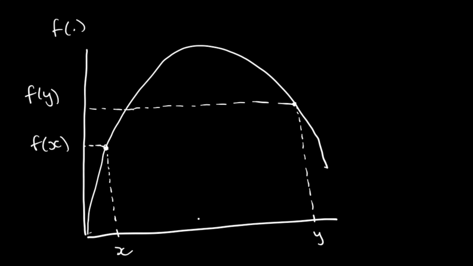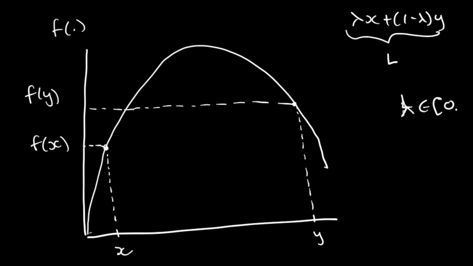So now let's start by taking the linear combination between x and y, which as we know is going to be this. Let's write it out once more. And let's just call this L, just so we don't have to write this out every time. So let's pick any lambda. Remember that lambda is just going to be contained within the interval 0, 1.